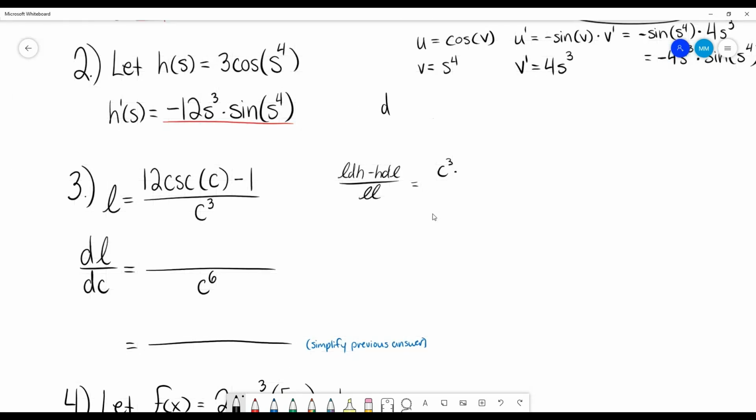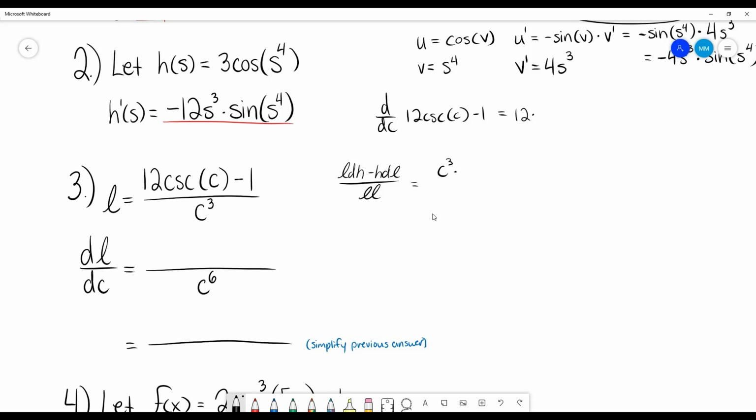So we need to figure out what the derivative of this is. Well, I know the derivative of a constant is 0, so I know I can ignore that 1. I just have to worry about this right here. Remember that this is our coefficient in that part, so I know it's going to be 12 times whatever the derivative of cosecant of c is.